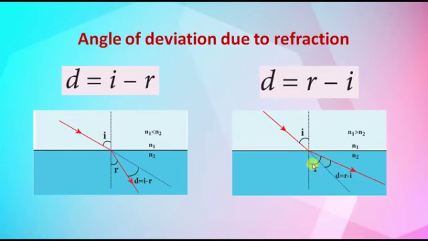Here, in the value, we have taken D is equal to I minus R. Okay.